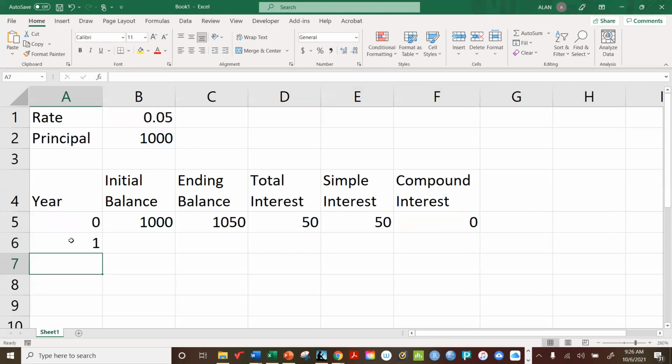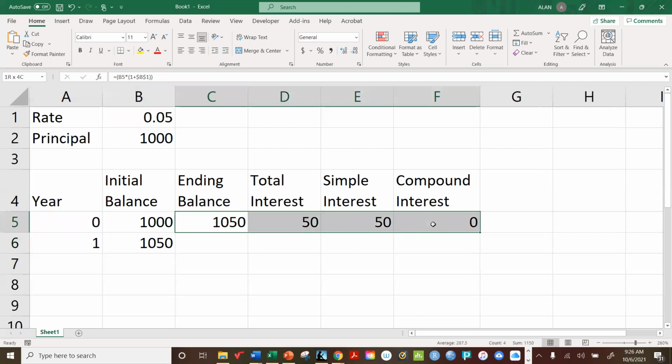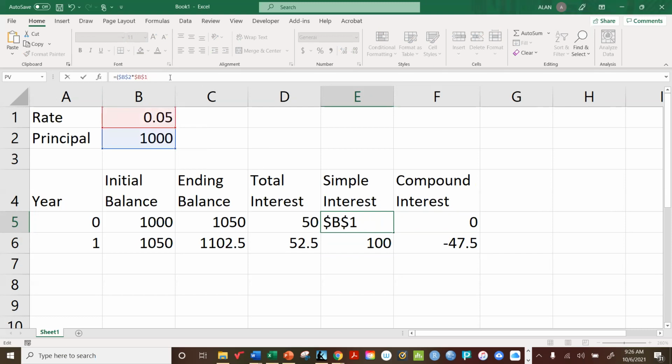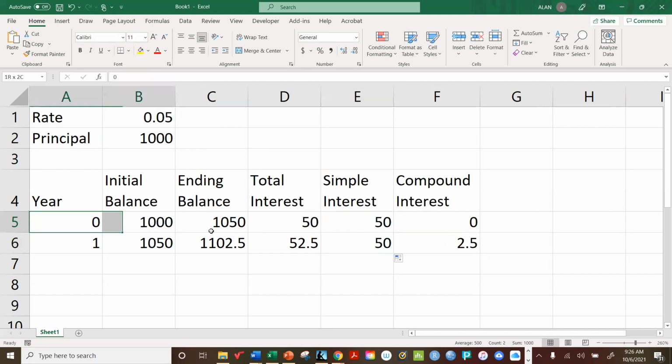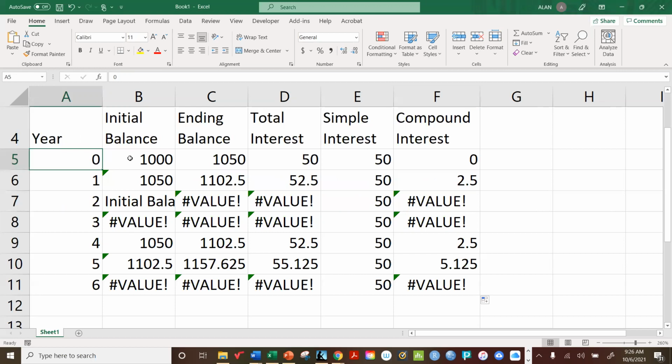Okay, so one more thing. Oh, I did something wrong. Oh, I know what's wrong. Okay, so no. All right, so I've set it up so that, oh no, something's still wrong. Hold on.